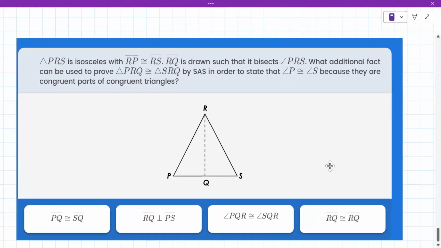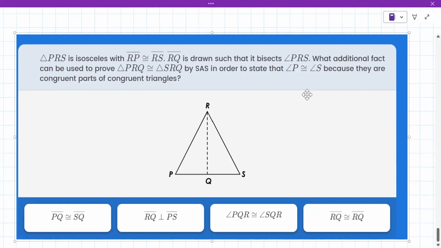All right, it's a new question here. It says triangle PRS is isosceles. Do you remember anything about isosceles triangles? Besides the fact they look like a Christmas tree, no. Okay, so the two key things about isosceles triangles are that the sides are the same and the base angles are the same.